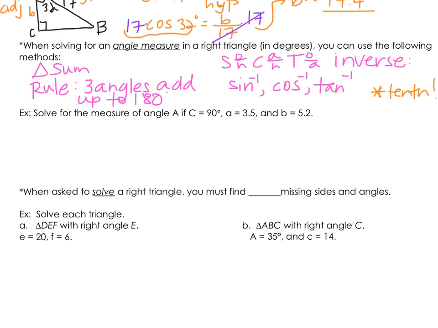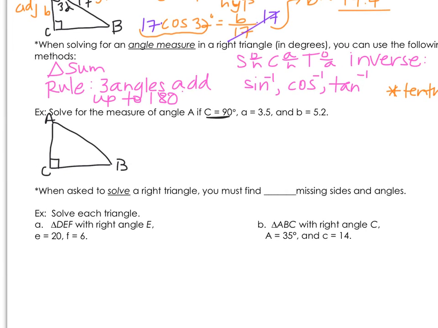Solve for the measure of angle A if C is 90, little a is 3.5, and little b is 5.2. Let's go ahead and create a right triangle to model this picture. Notice angle C is 90 again, so I'm going to put C down here. Angle A and B can be represented on either side length.